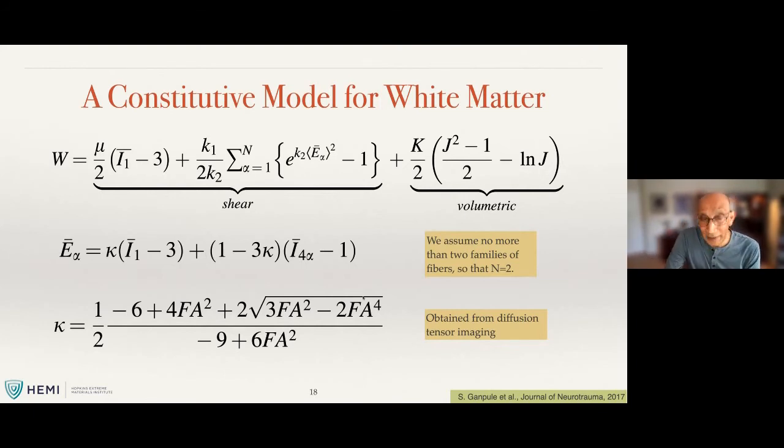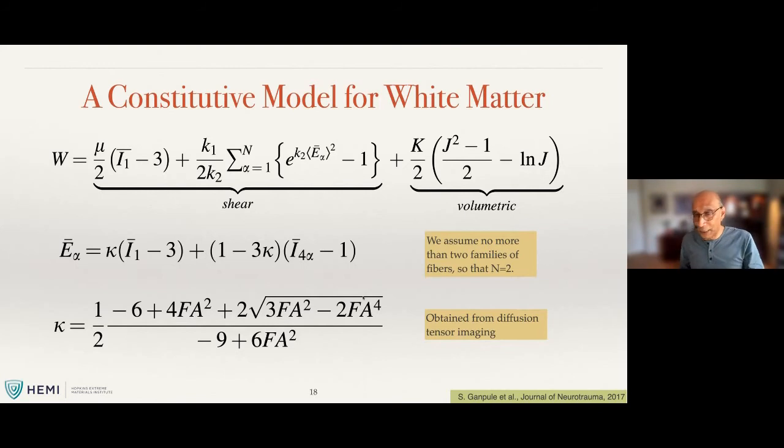So what we do typically is a nonlinear elastic or nonlinear viscoelastic behavior. The equation on the top is the strain energy function you might use. The way to think about this equation is it's telling you what the elasticity is of the brain. The term on the right is volumetric, that's the hydrostatic term, and the term on the left is shearing.